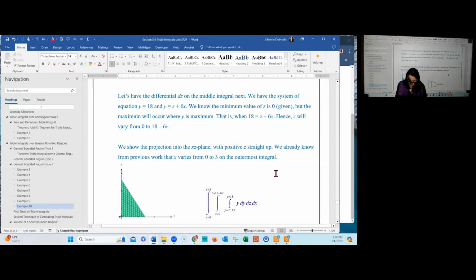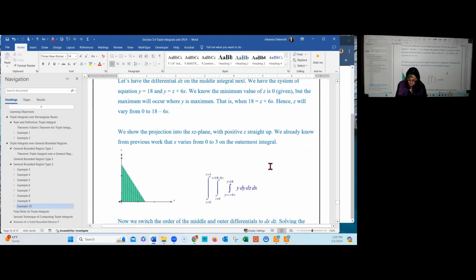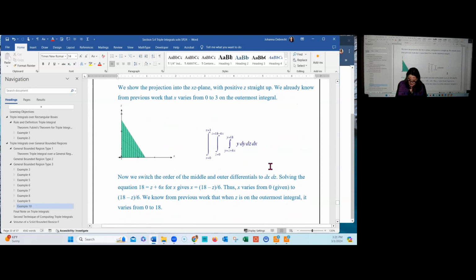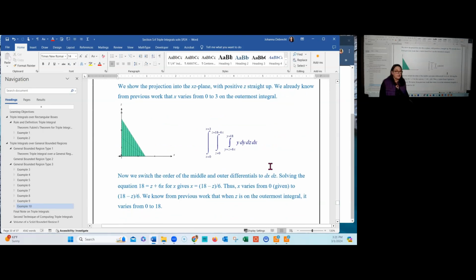Let's now come over here, or not negative 6x, 18 minus 6x. So I forgot about the y. I need to shift the whole thing up by 18. So my limits of integration on the inner are z equals 0 to 18 minus 6x, and x goes from 0 to 3. And then you can evaluate this.